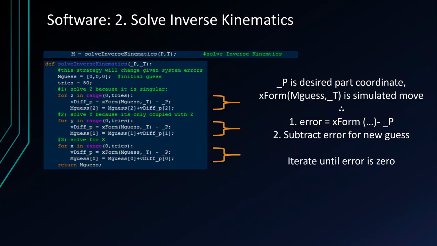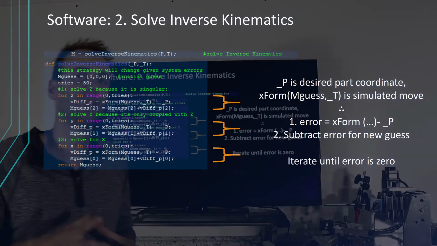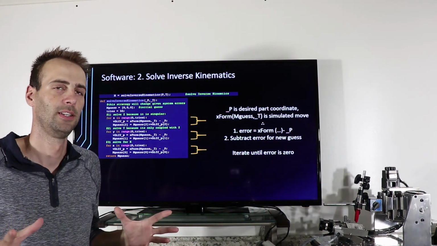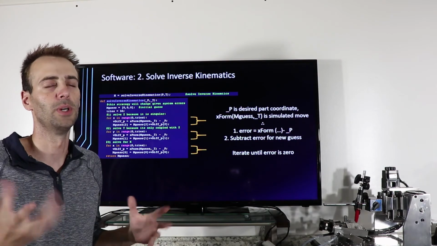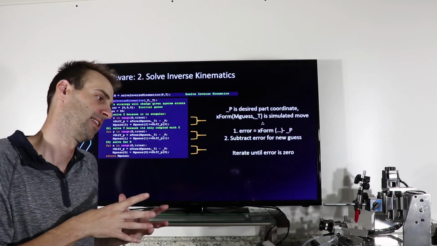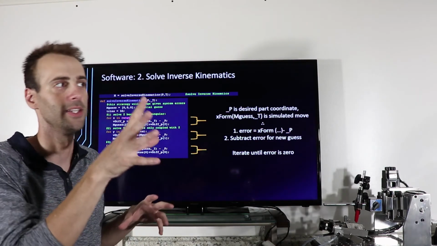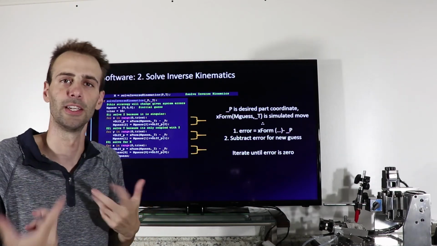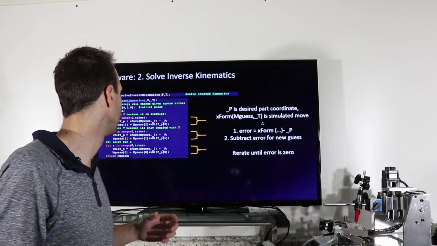So now, on a Cartesian machine, all solutions are singular, meaning there's only one way that you can move your x-axis, y, and z to align those 2 points. So I don't have to worry about checking singularities. I don't have to worry about any of that.